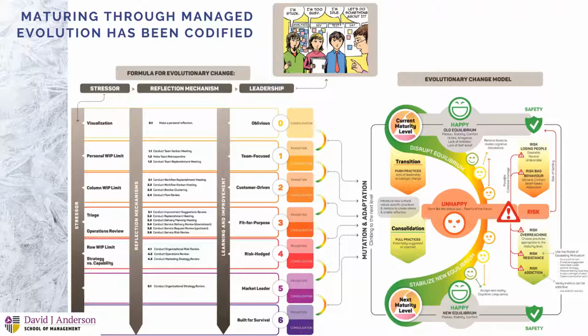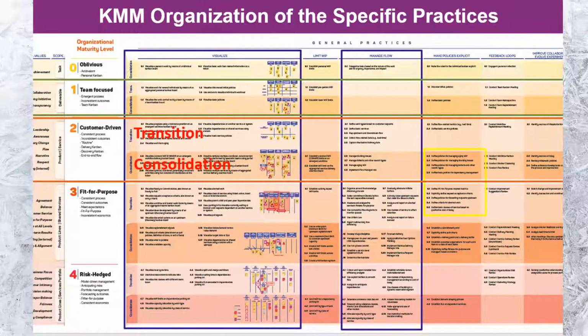And why we have this whole model: when you look at our practice poster, which is here, you will see that at each level you have 2 sub-levels. One of them is transition, another one is consolidation. We introduce these transition levels because we don't want to stress the organization too much.